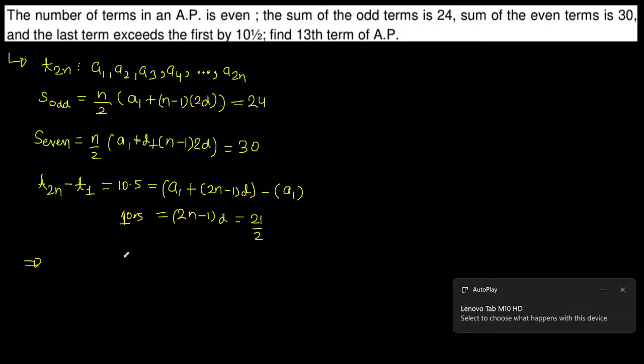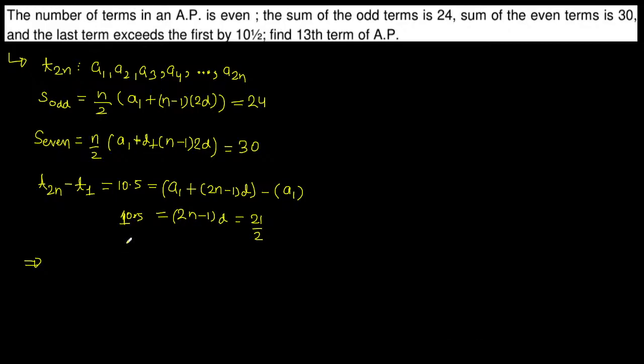So we have to get something. We have one, two, three, four variables, three variables.